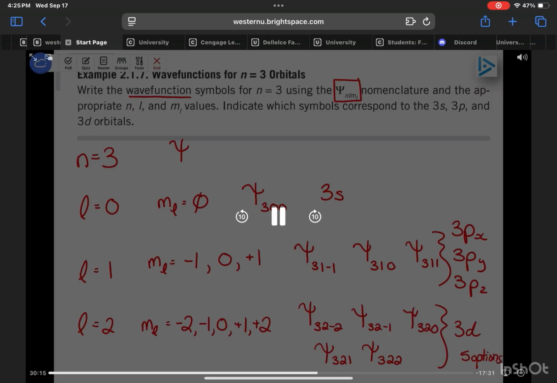And what are those 5 options? Well, you can go back a page and identify what those are.